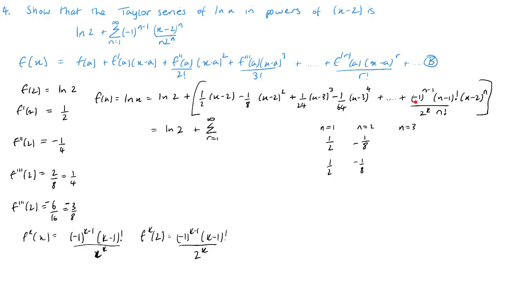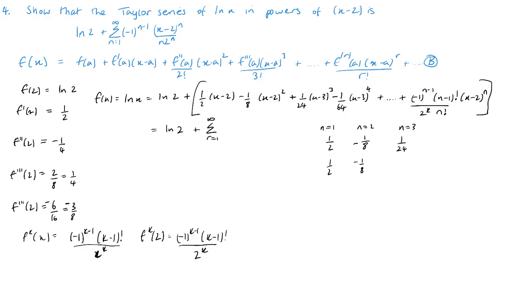So start again. Substitute 3 in. So that's going to be squared, so it's going to be positive. 2 factorial, it's going to be 2 on the top. And then we've got 2 cubed, which is 8. 8 times 3 factorial is 48, but we had 2 on the top. 2 over 48 is 1 over 24.